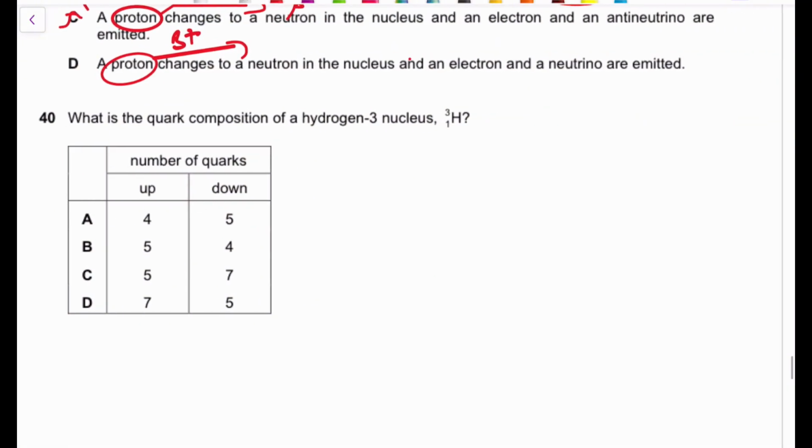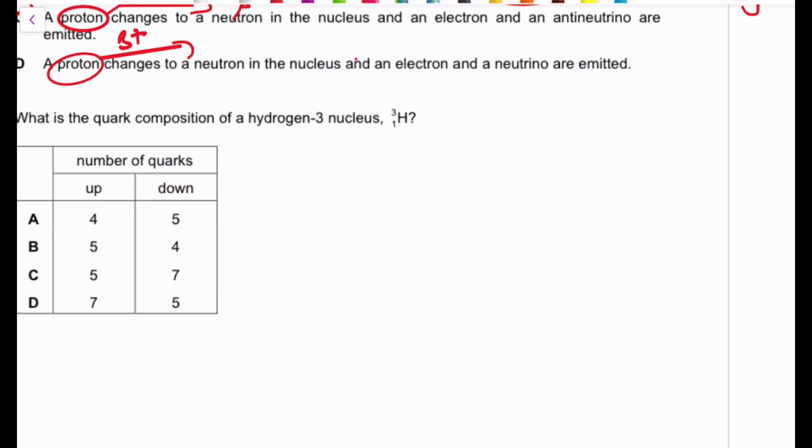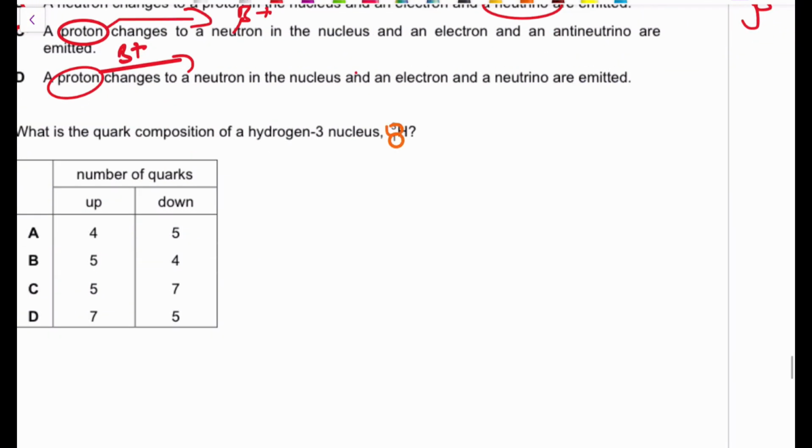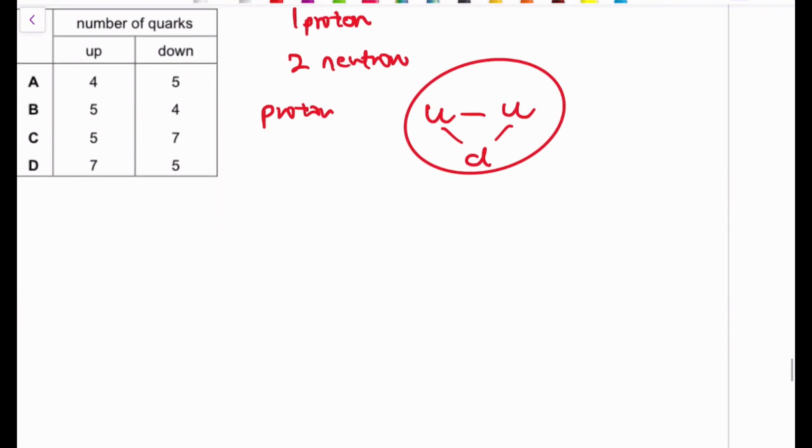What is the quark composition of a hydrogen nucleus? So we have one proton and three nucleons, right? So basically we have one proton and we have two neutrons. A proton is made of two up quarks and a down quark, and a neutron is made up of a down quark, a down quark and an up quark.